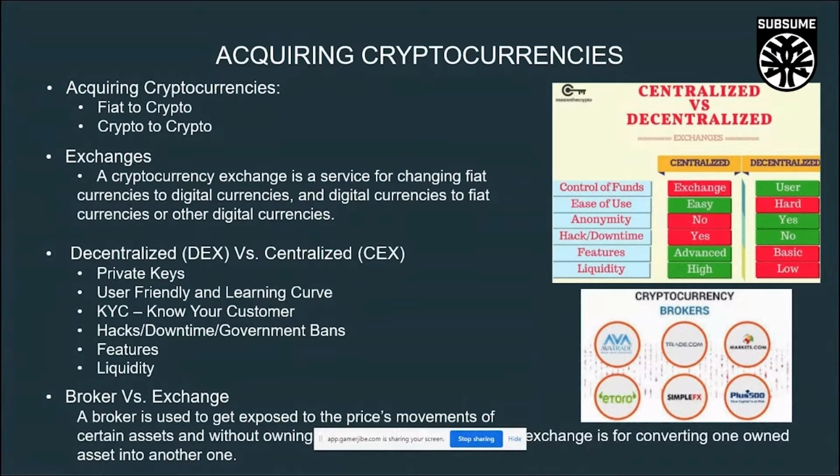There's some getting used to the environment and the interface. You probably didn't have to do KYC, which is know your customer. Like you didn't have to upload any IDs or anything like that. And usually with these decentralized exchanges, you're doing it crypto to crypto. They're not allowing you to come on their platform from a fiat to crypto situation.